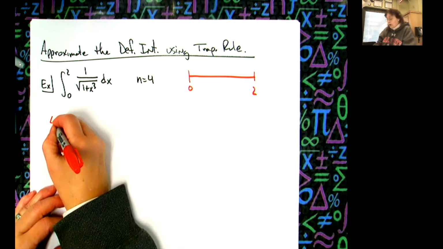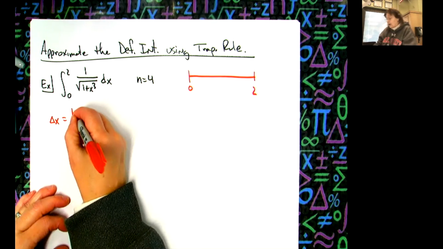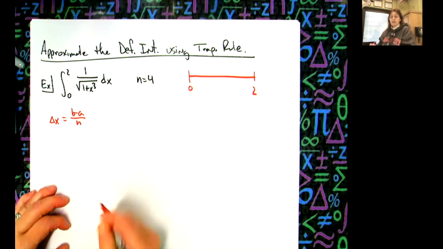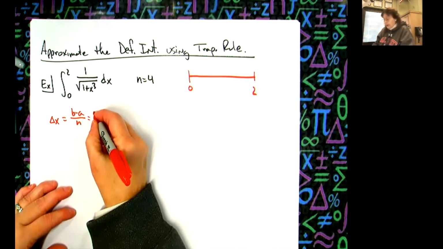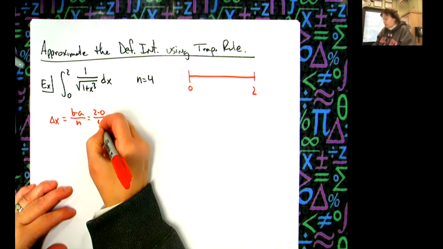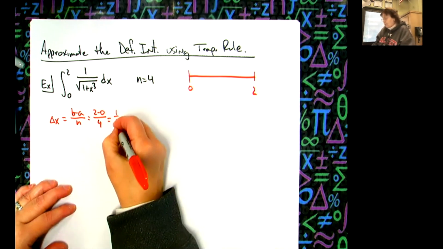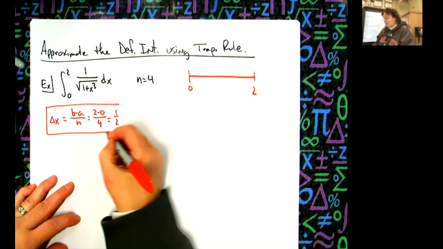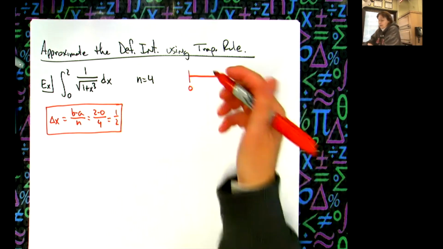I can calculate delta x with the b minus a over n formula. So we've got 2 minus 0 all over 4, because 4 is n. So 2 over 4 is a half. Most of you could have figured out that if I'm going from 0 to 2 with 4 equal intervals, they have to be a half apiece anyway.